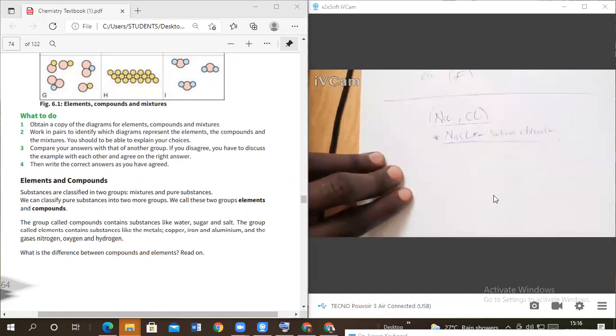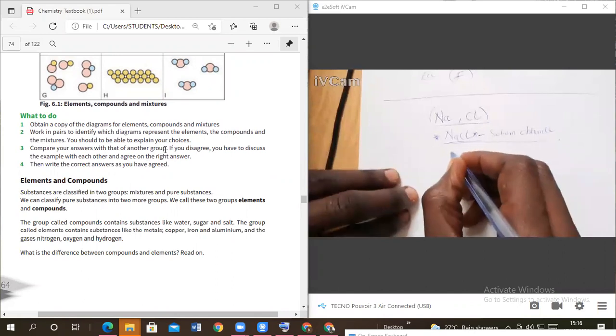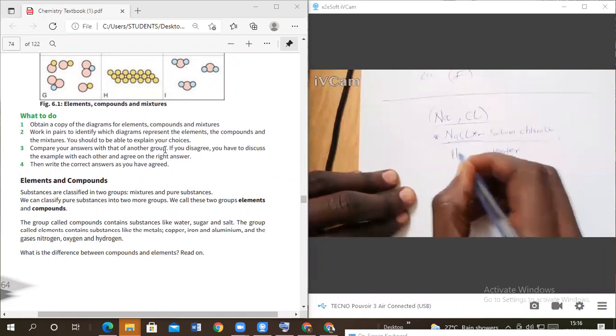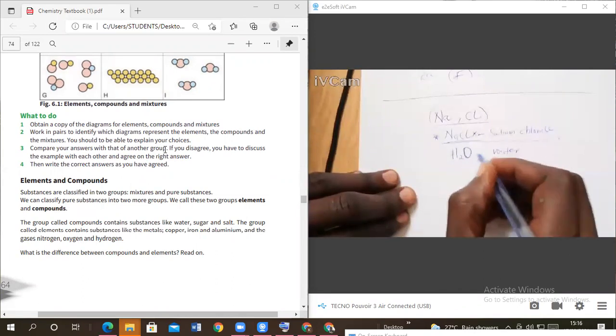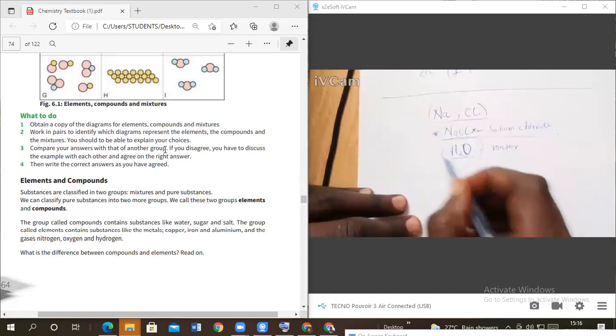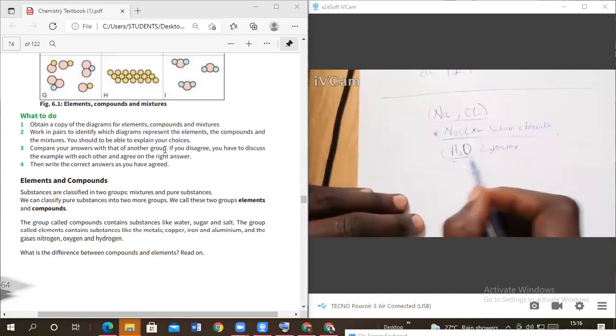Now, water. Water is what and what? Water is H2O. Okay? Water is H2O. This is the chemical formula of water.